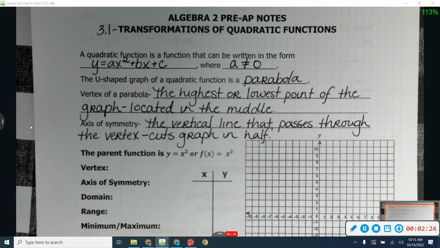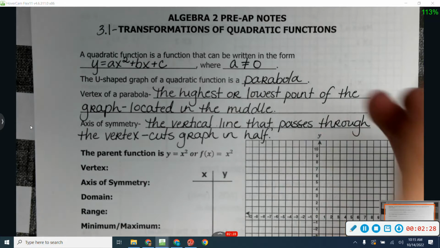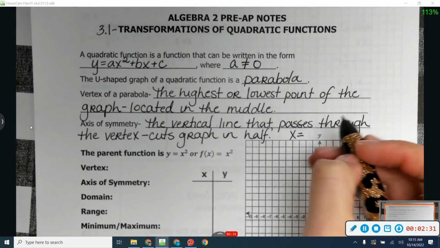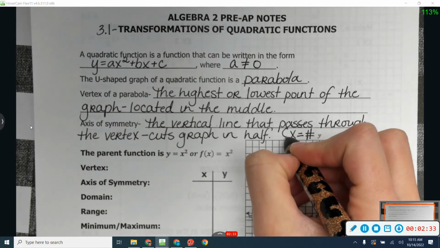Now, because it's a vertical line, what should my equation start with? X equals. So your axis of symmetry is always going to be x equals a number.